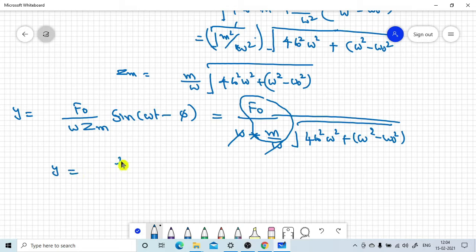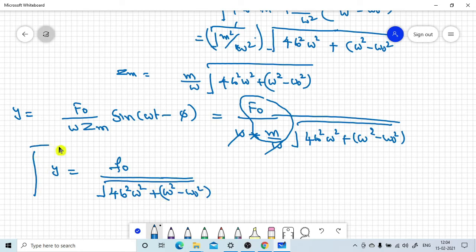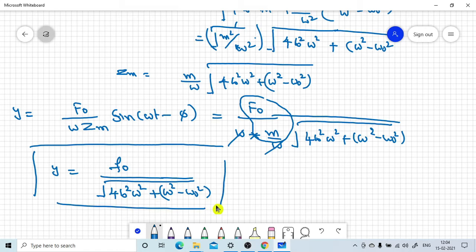Y is equal to f naught divided by the square root of 4b square omega square plus omega square minus omega naught square. See, this is the displacement of the body when some driving force is applied.